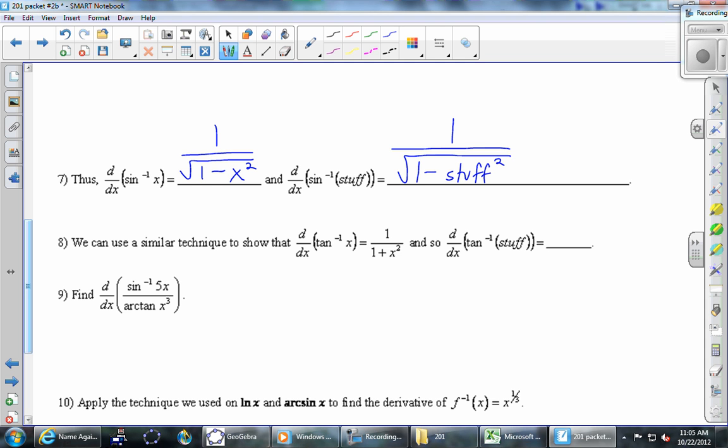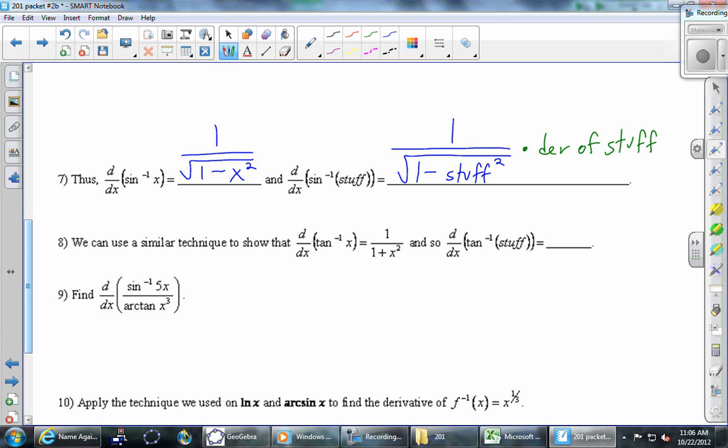Instead of x squared, it is stuff squared. And then in green, chain rule says times the derivative of the stuff. That's it. Every time you have a new derivative rule, chain rule comes in and gives you a whole brand new class of things that you can find the derivative of. And to be clear, is that derivative of the stuff upstairs or downstairs? It's upstairs. Derivative of the stuff is always upstairs. It doesn't care what the specifics of the rule were that you just applied.